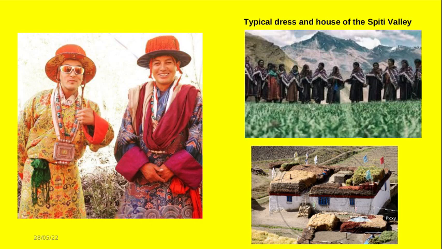These are the houses, flat top houses made of sun-dried mud bricks, which you can call adobe houses. The flat roof has a lot of dried grass over it, which acts as an air conditioner for them, because of the heavy snowfall, it absorbs much of the snow and the cold, and the inside rooms are fairly warm.